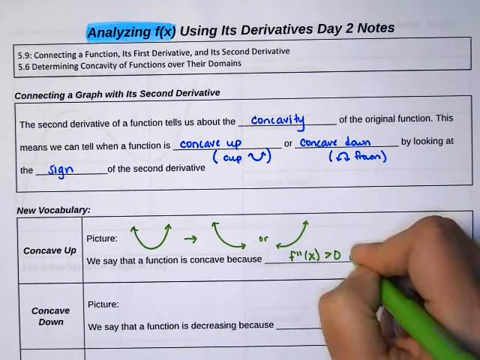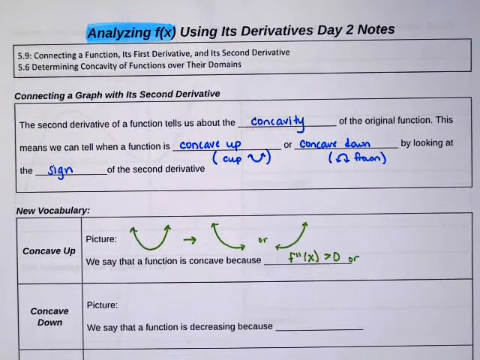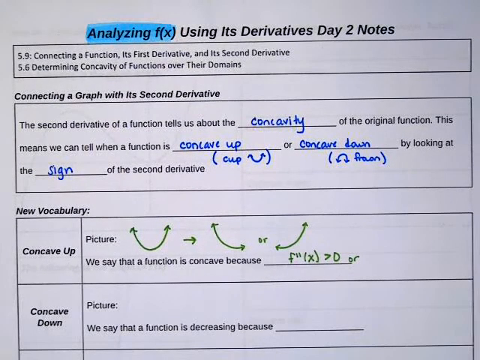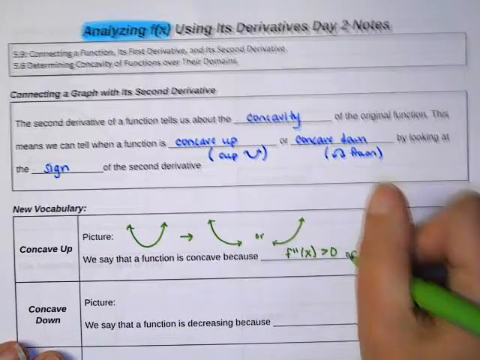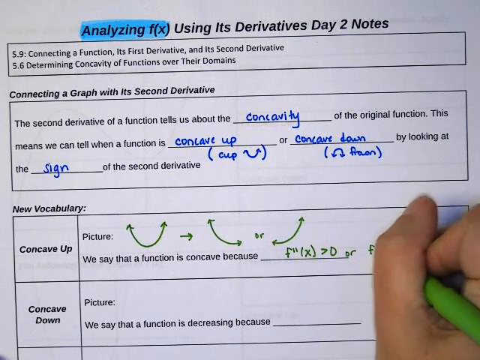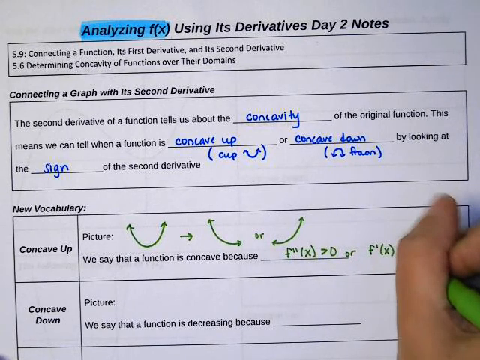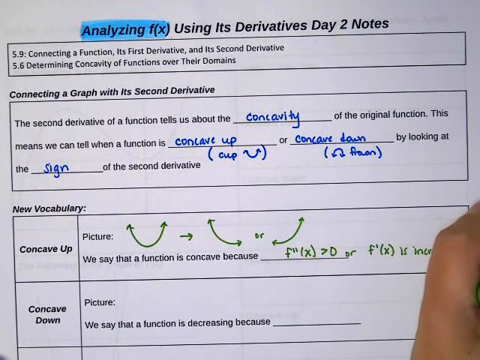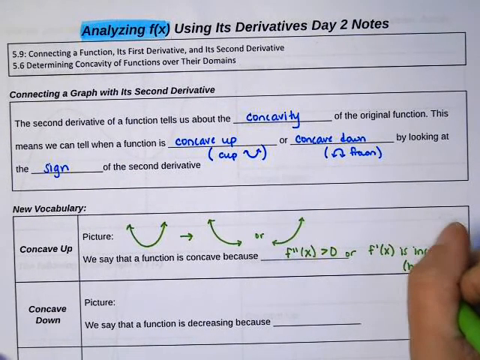Or, a lot of times we can't say that because we don't have the second derivative, we only have the first derivative. So the other option to justify your answer here is to say the first derivative is increasing, which means it has a positive slope.